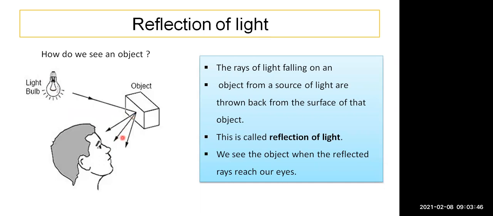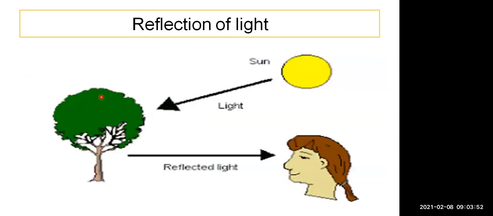When this reflected light falls on our eyes, we can see the object. So we have seen that the sun's rays fall on a tree, and then the rays are reflected back to our eyes, and that is why we could see the tree.